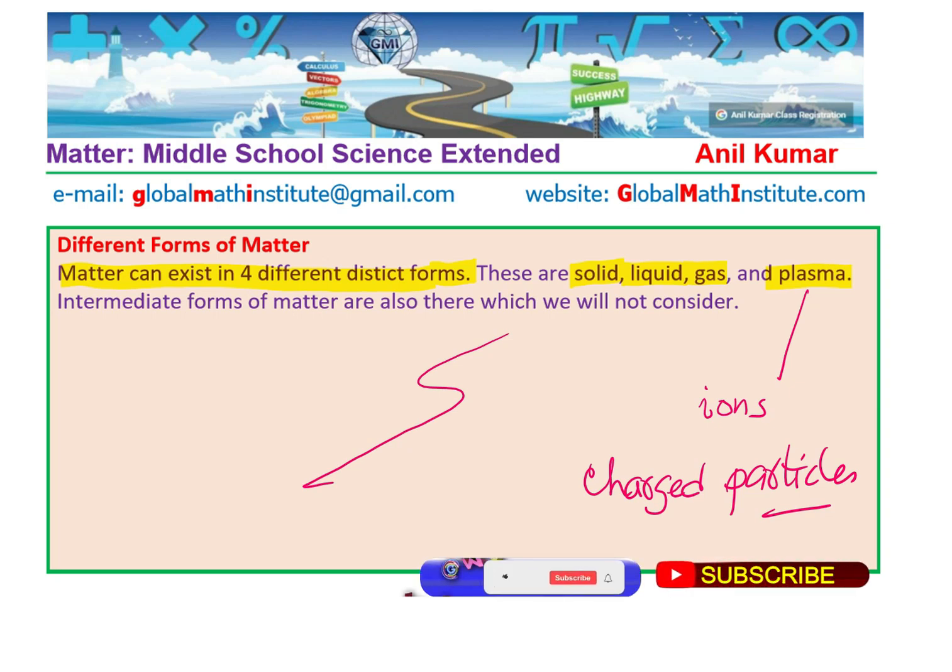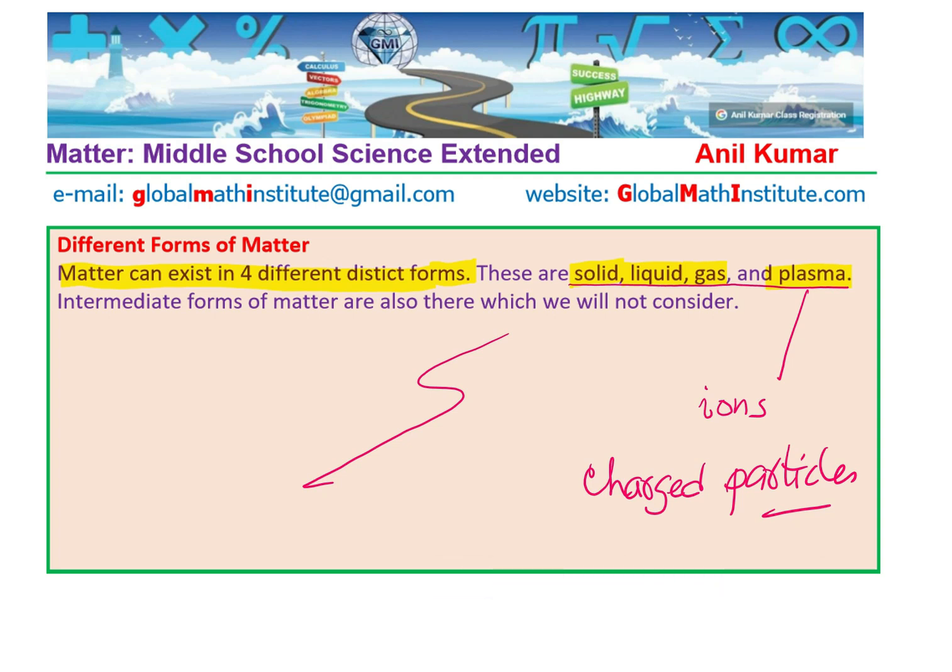You will be surprised to know that out of these four forms, can you tell me which is most abundant in our universe? Sun and stars. They are packed with charged particles. It's plasma. So, plasma is the most abundant form of matter in the universe. Make a note of this. Perfect.